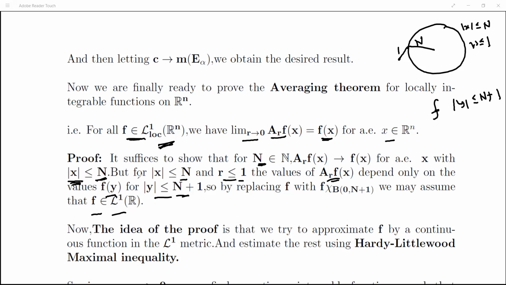So if it's a locally integrable function on R^n, then replacing f by f times the indicator of the ball of radius n plus 1 centered at 0, you can assume that f is in L^1. The point is that we want to use some nice properties of the space L^1(R^n).